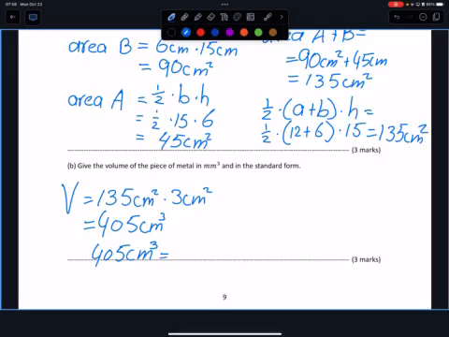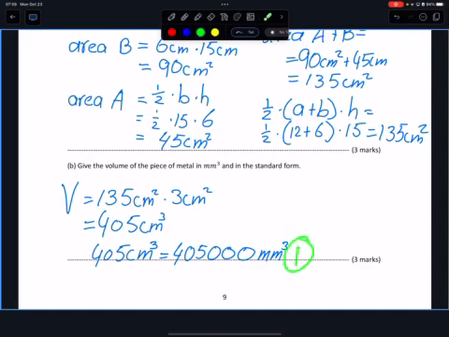405 centimeters to the cube. Oops. Going to millimeters, you multiply with 1,000. So this is the answer in millimeters. That is another point.